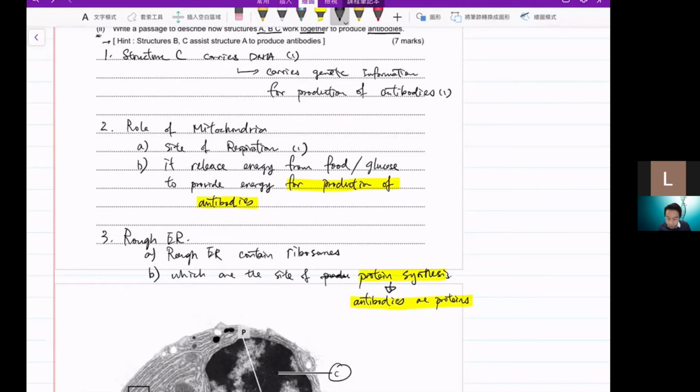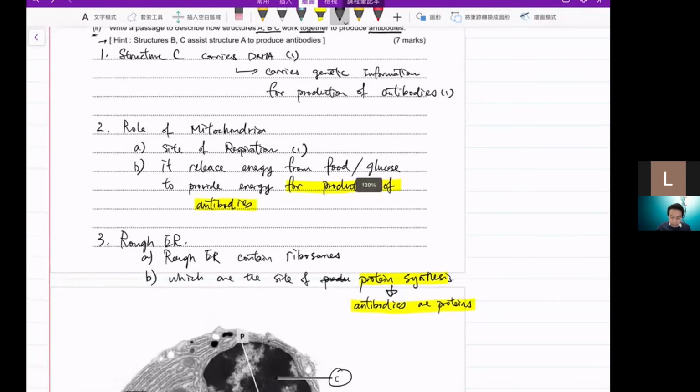All right. Another example, structure C, which is nucleus. They provide information for rough ER to produce antibodies. Then this is also another linkage.